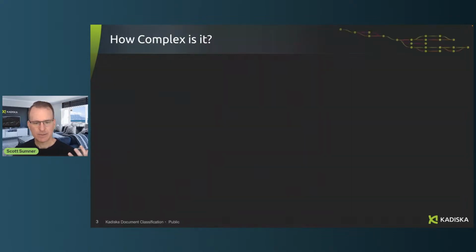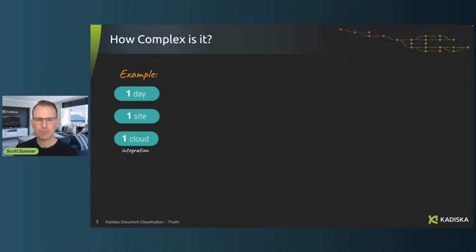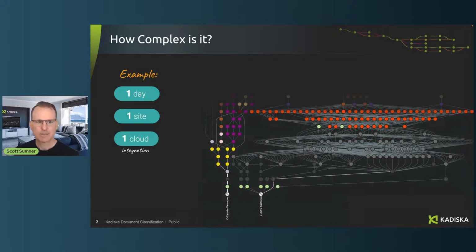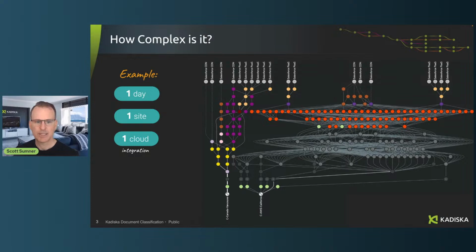So really, we know Salesforce is complex. Anybody who's used it or built it out knows, but how complex is it exactly? If we take an example of just one day from one site of users accessing Salesforce in one simple cloud application, you can see the complex network paths and connectivity from, at the bottom there on the right, AWS.